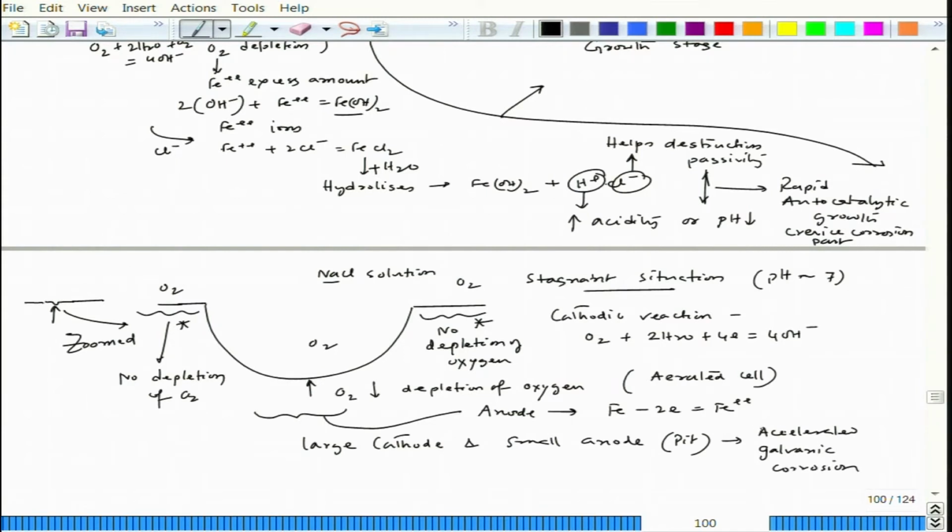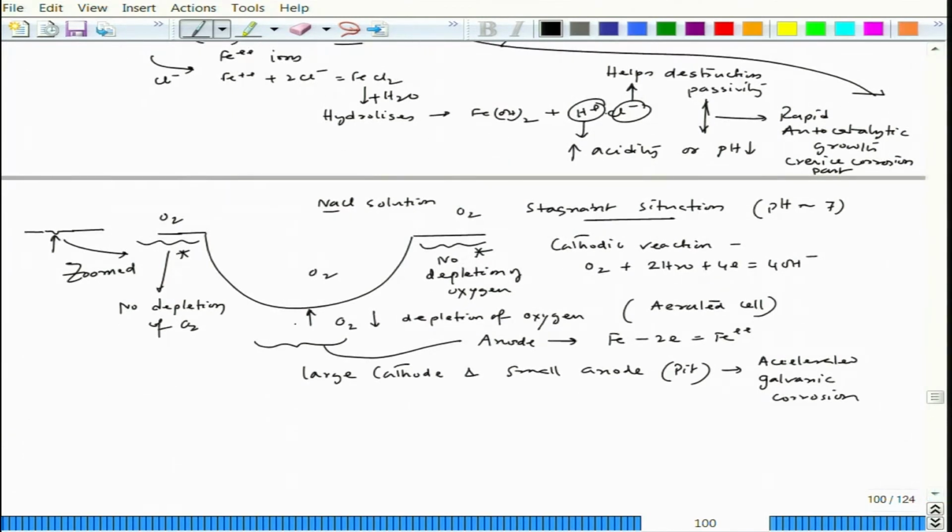This is the condition for accelerated galvanic corrosion. The pit portion would lead to huge dissolution of iron in the pit portion.